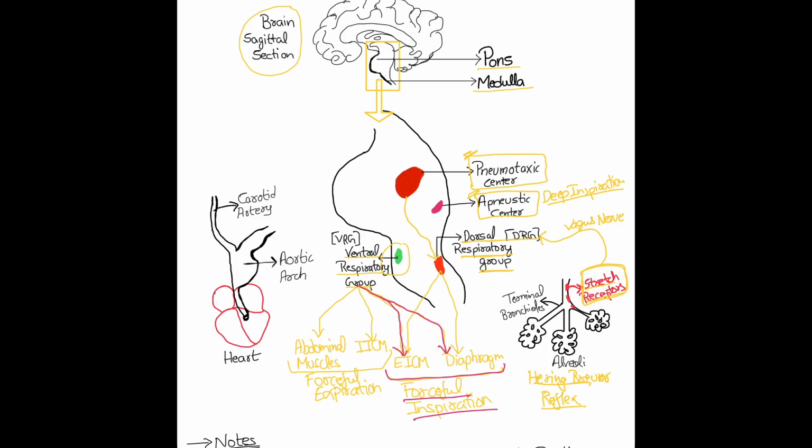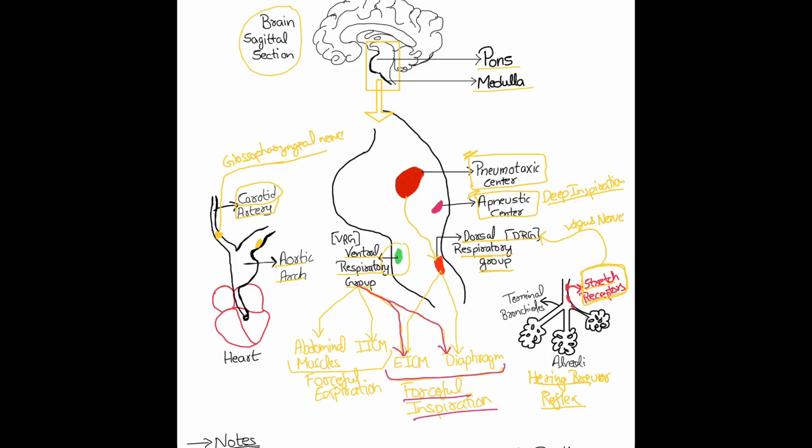Now there is the carotid artery going to the brain and upper part of the body, and the aortic arch. These also have chemosensitive nerves called the glossopharyngeal nerve.